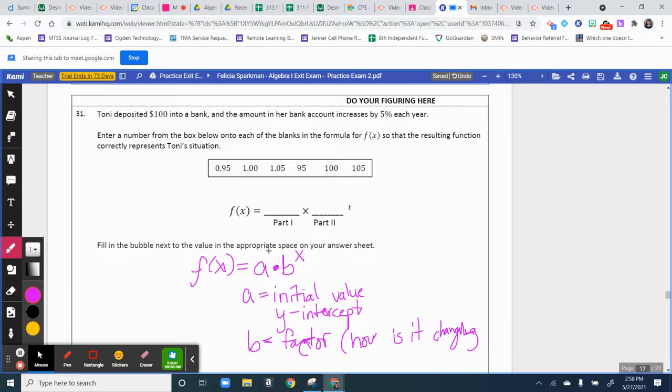Okay, so the initial value here that they're depositing is $100. It's increasing at a rate of 5%. 5% is the same thing as 5 cents, right? It's increasing by that. So our base is always 1. So we take the 1 and add that 5%. So this is going to be your function.